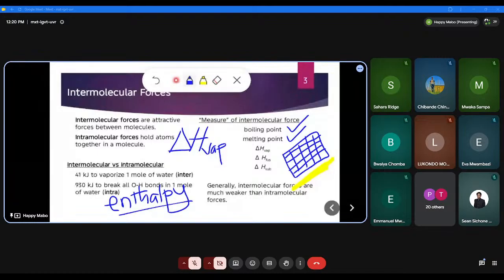So the enthalpy of vaporization, for instance, can also be used as one of the parameters that might explain the strength of the intermolecular forces existing amongst the molecules of a given substance. So what is this really?